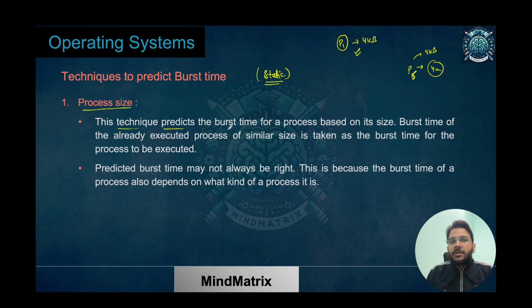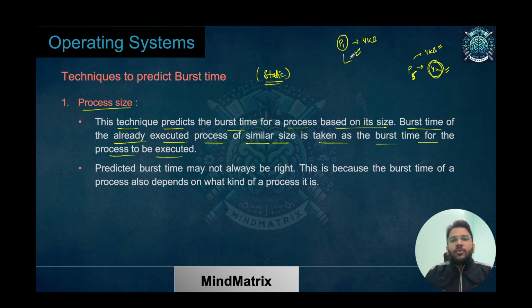This technique predicts the burst time for a process based on its size. Burst time of the already executed process of similar size is taken as the burst time for the process to be executed. So as we see, P5 process is also 4 KB, and as we saw, it took 4 units of time to complete its execution.